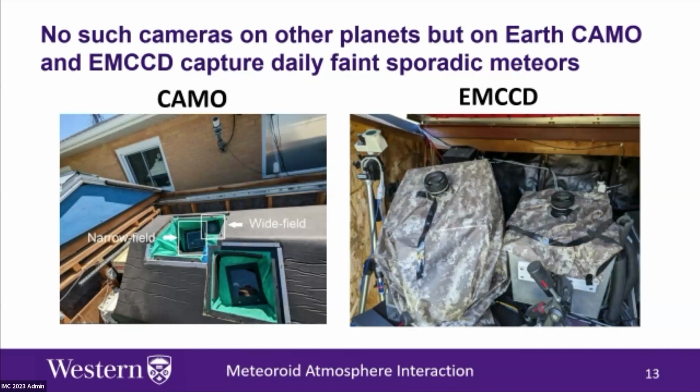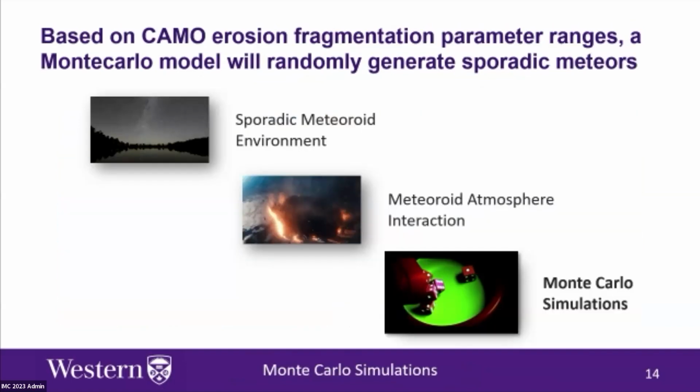And in general, what we want to do here is basically try to get all these meteors, replicate them, trying to fit the parameter space, and then get the CAMO data, the erosion fragmentation parameter range, and create a Monte Carlo model in order to randomly generate sporadic sources that can be later tested.